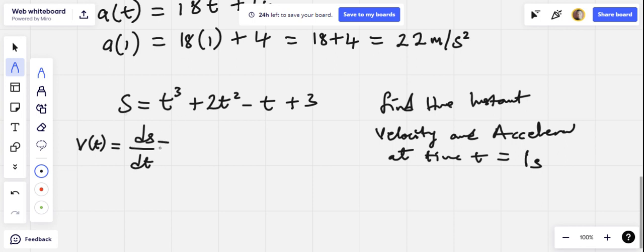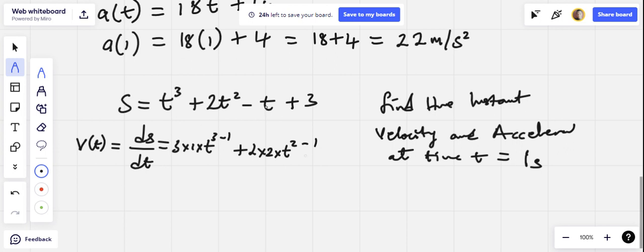If you differentiate, this will be 3 times 1 times t raised to the power of 3 minus 1, plus 2 times 2, which is 4, that's 4 times t raised to the power of 2 minus 1. So we go to the next one, minus t.